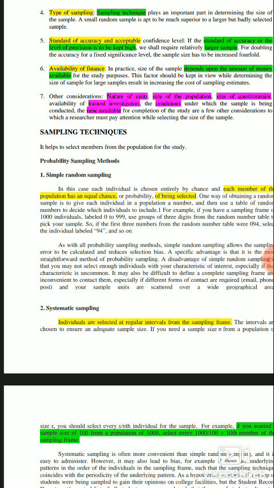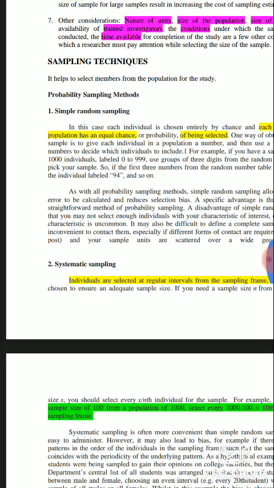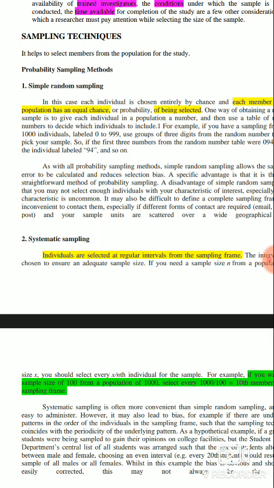Otherwise, when a researcher doesn't have knowledge about the population, they prefer the non-probability sampling method. So first we will see what the methods are on the probability sampling side.